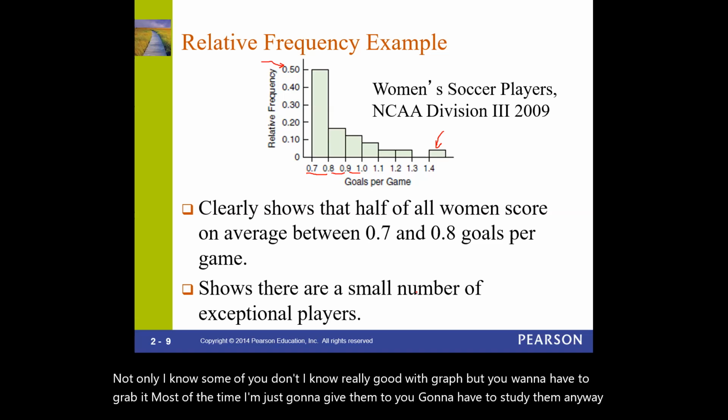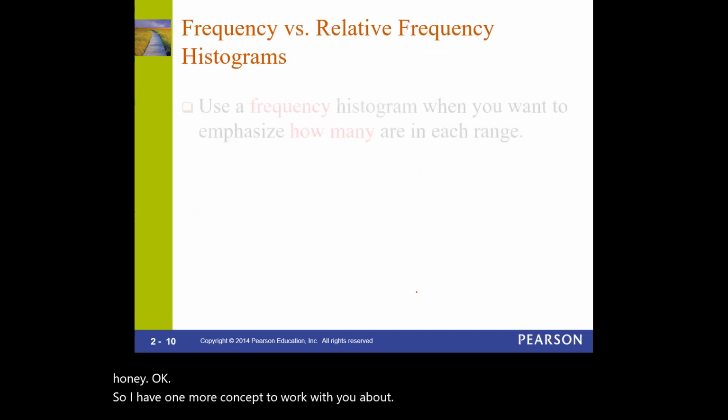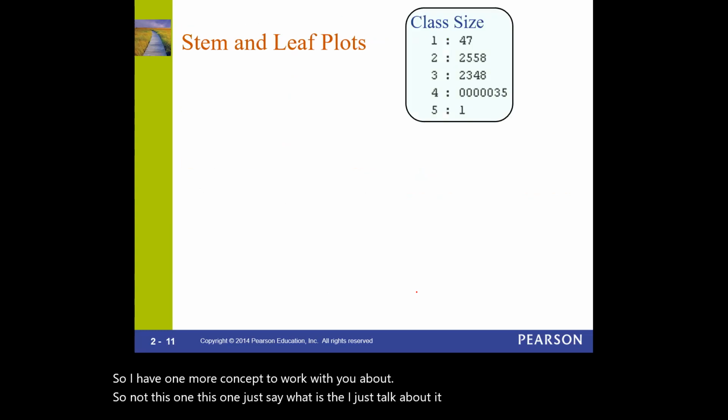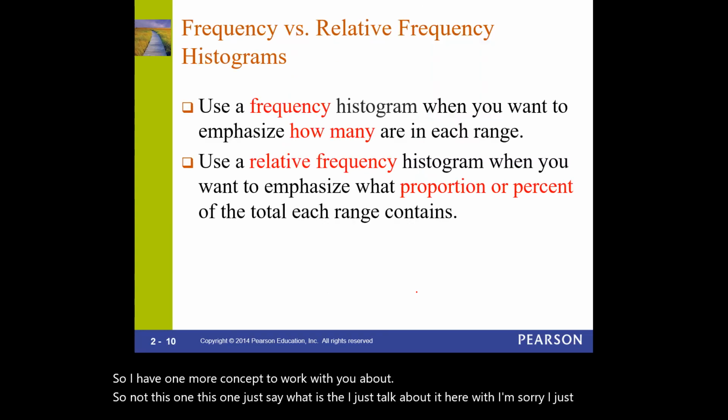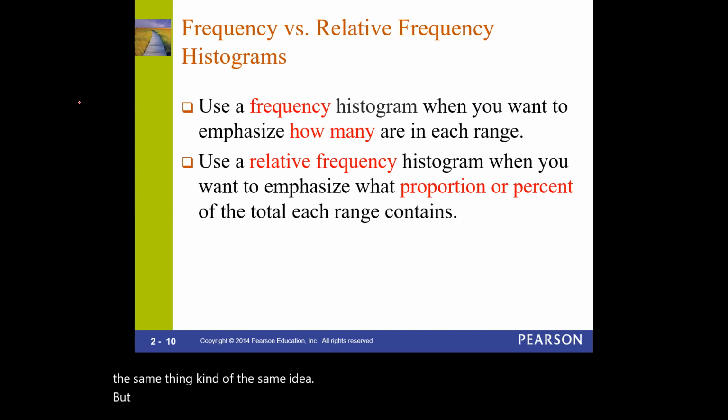Okay. So I have one more concept to work with you about. I just talked about it earlier today. I just showed you that the relative frequency has kind of the same idea. But look at something here. This is a little bit better to understand.